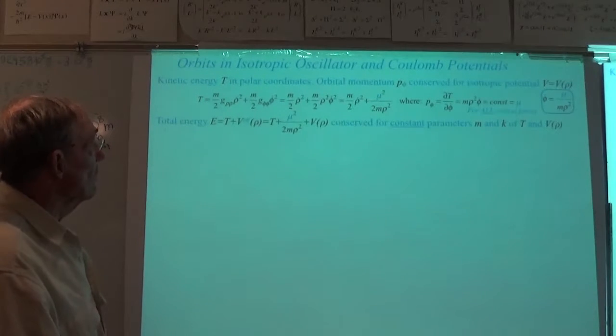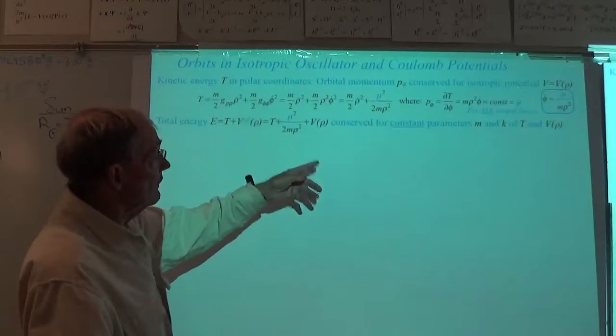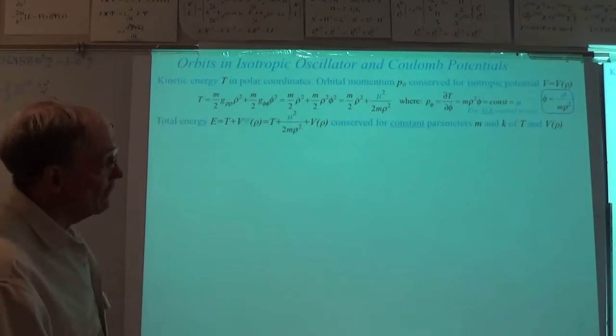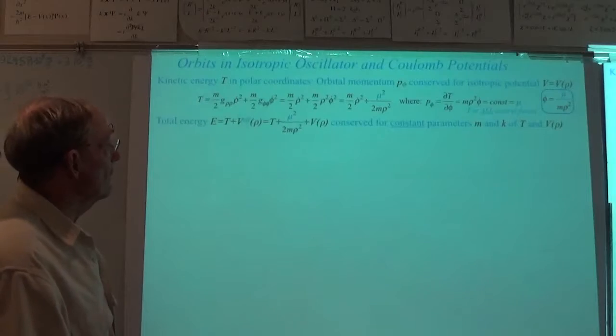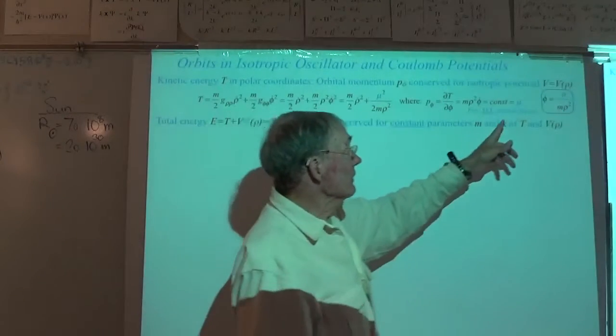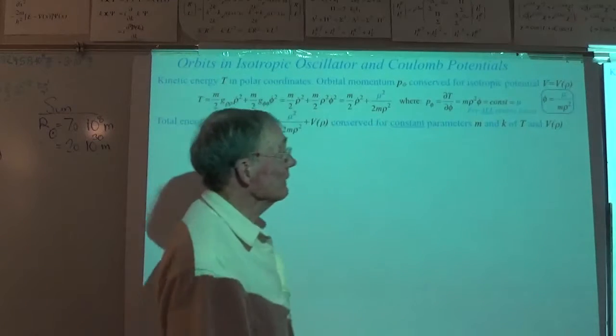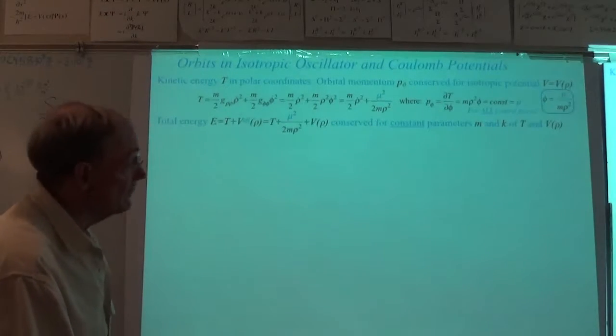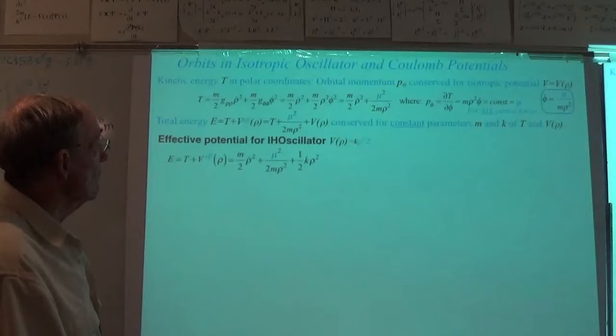And then the total energy with these together makes use of the conserved quantities and the parameters, of course. That's the conserved quantity that's key to this particular development and anything like it with an isotropic potential.